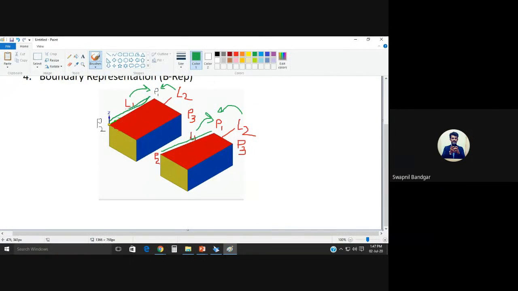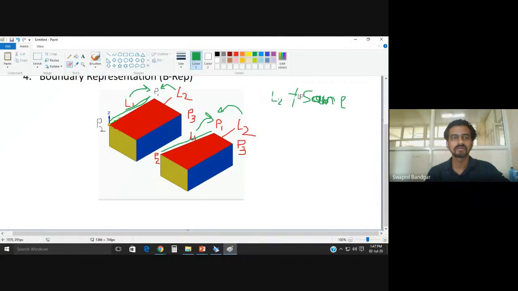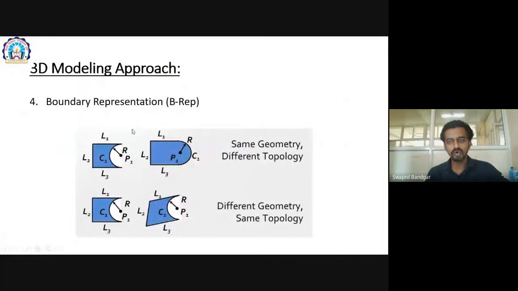This is 90 degrees, but this is at a particular angle. So L2 is not the same in this case, and L1 is also not the same. The two faces are different, so the geometry is different and the topology is the same. So if you want an exact representation in software, BREP is the best example of it.